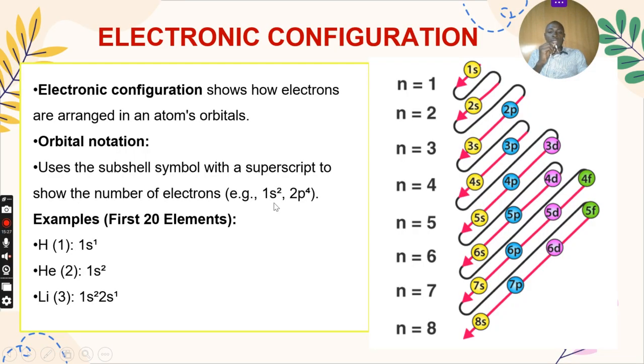And then 2p4 means that this subshell is in the second energy level, and there are 4 electrons in all. Remember, the p subshell has 3 orbitals, so 4 electrons will be distributed among those 3 orbitals. That's what it means, and they can hold a maximum of 6 in all.